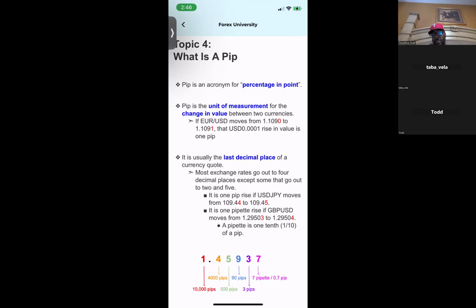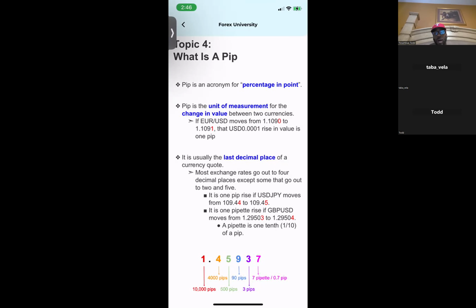And remember, in video 1, I told you your number 1 job is to protect your capital. And the only way you can protect your capital is if you understand how much you are risking, okay? We don't want to talk about pipettes. We want to talk about a pip, okay? So when the USD is in the rear, it's going to count 4 over, and that's going to be your pip.